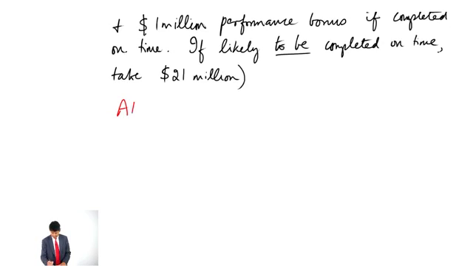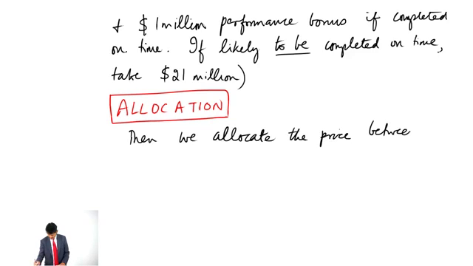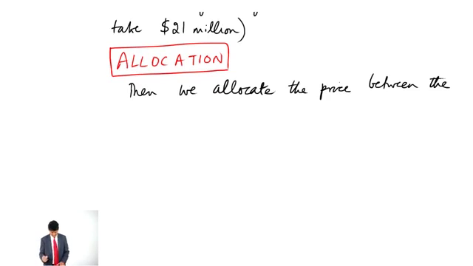The fourth one, of course, opening up each of these, the word allocation, the A of COPAR. So what to say here? Then we, that's you, allocate the price between the obligations.